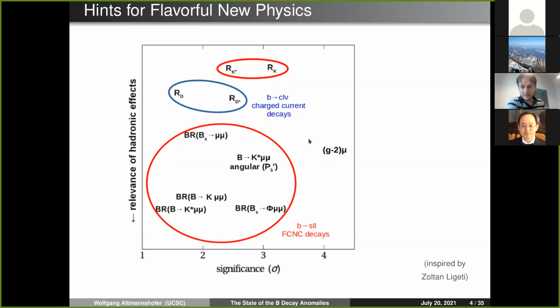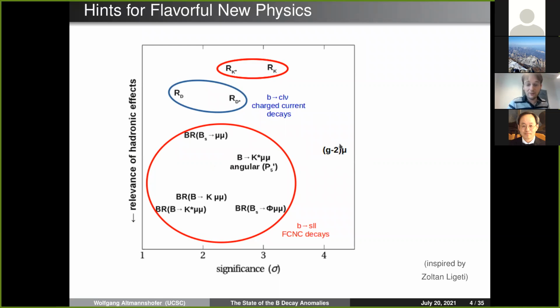For comparison, I also put in this plot the g-2 of the muon. Very recently we got exciting new results from the Fermilab g-2 experiment, confirming the old anomaly observed at Brookhaven. It's a more than 4 sigma discrepancy if one trusts the standard model prediction that is typically quoted. I just wanted to put that as a comparison.